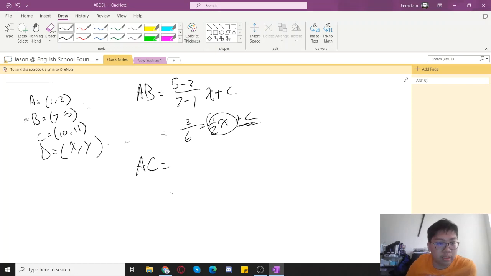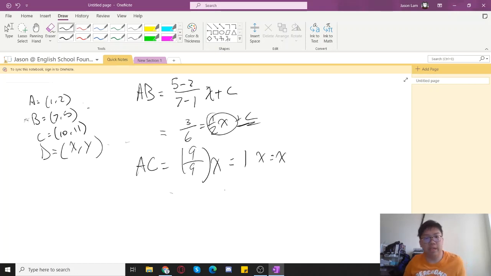AC is 1x. So subsequently, BD has to be equal to 1 as well.